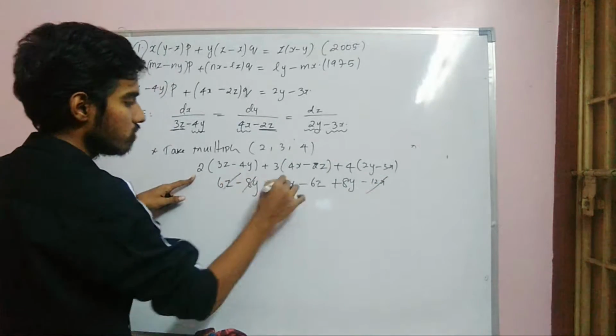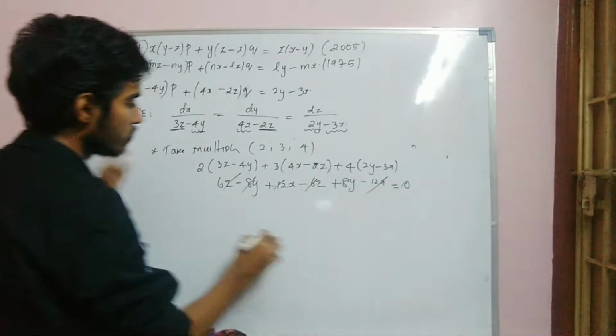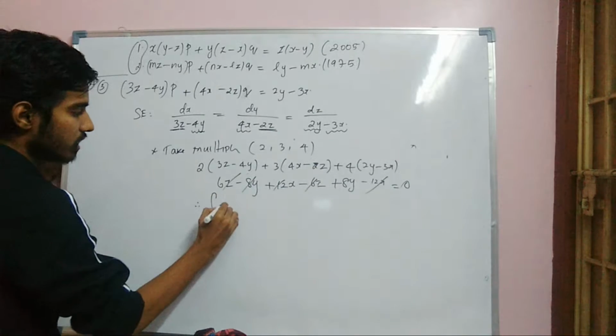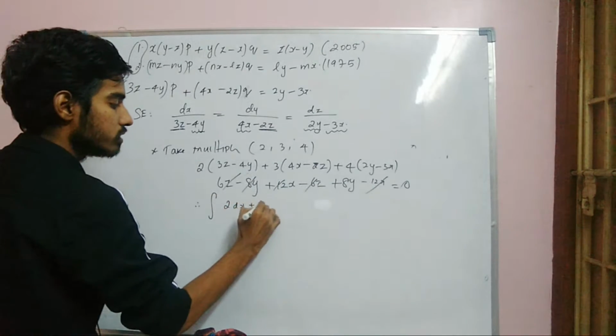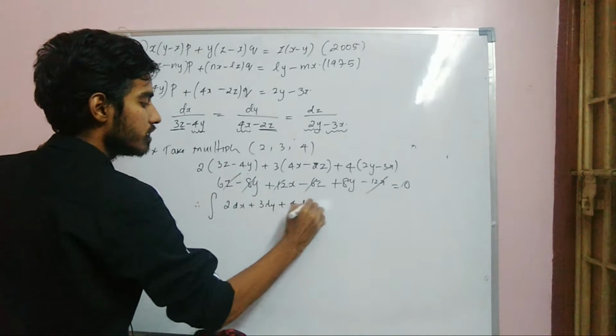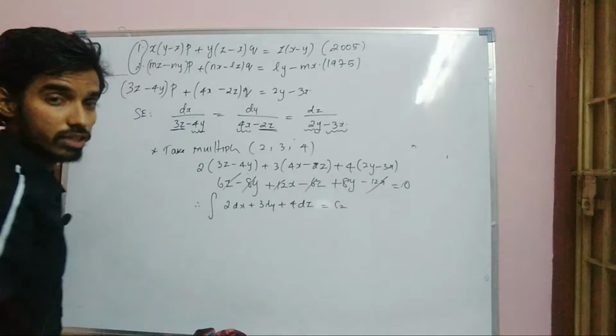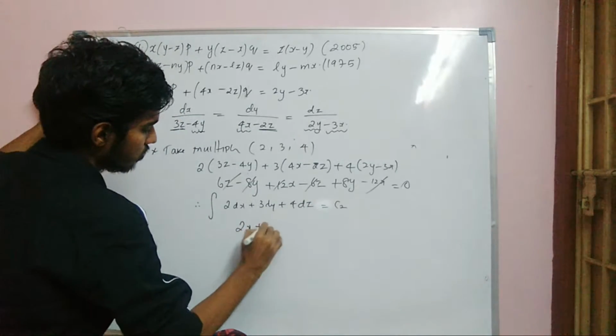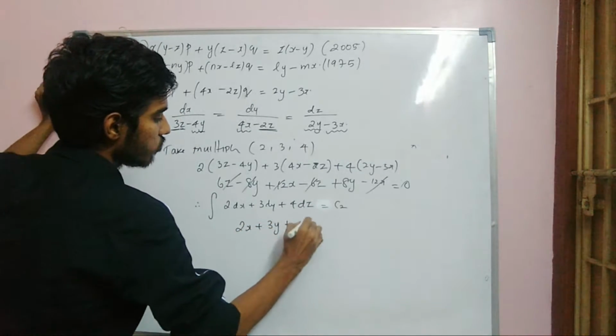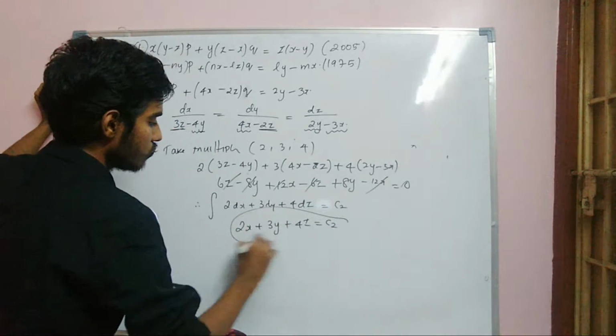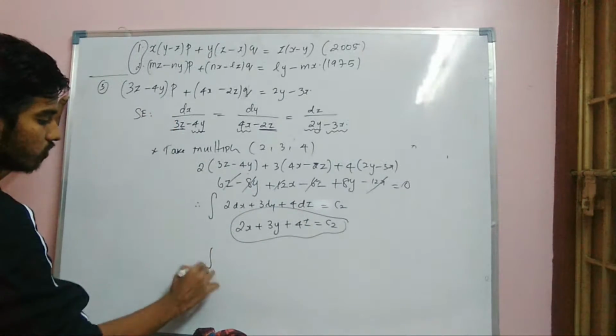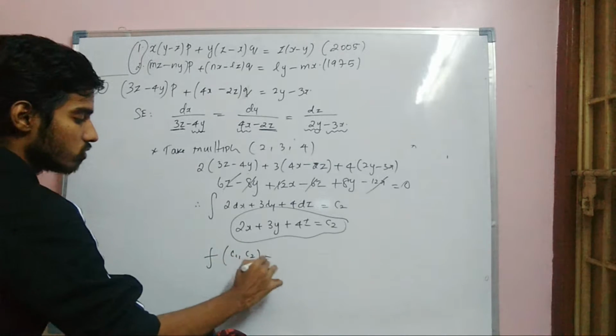Again this all will get cancelled, it is equal to 0. Therefore the integration of 2 dx plus 3 dy plus 4 dz is one of the solutions. Therefore 2x plus 3y plus 4z equal to C2 is another solution. Therefore f of C1 comma C2 is a solution.